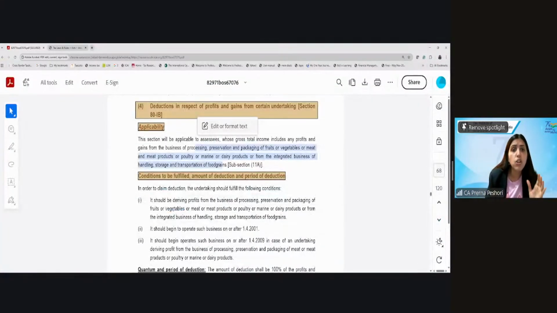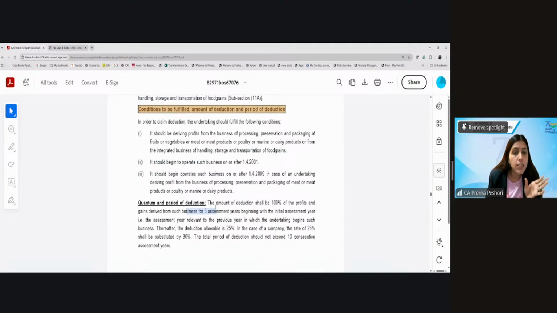So the businesses which are into the processing or preservation and packaging of these vegetables, fruits, meat, poultry, dairy, marine products, or into the handling, storage and transportation, are eligible for 100% of the profit for 5 assessment years, beginning with the initial assessment year in which you commence the business.